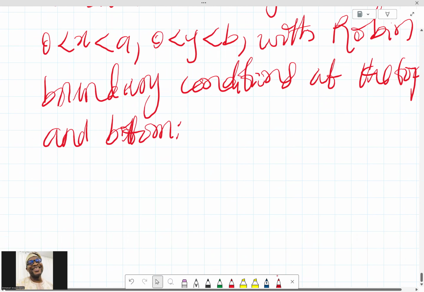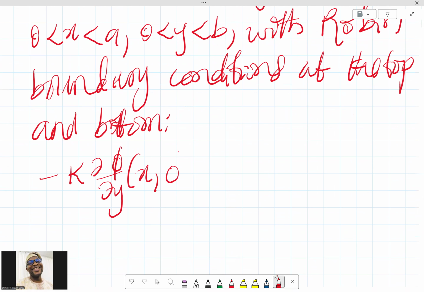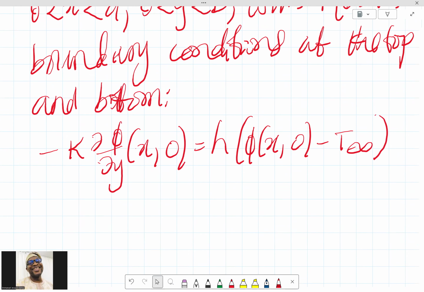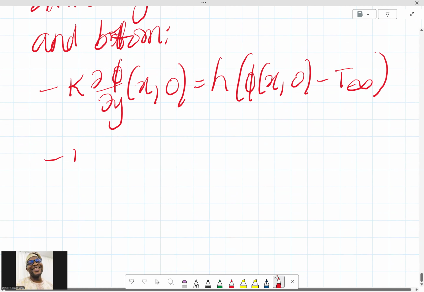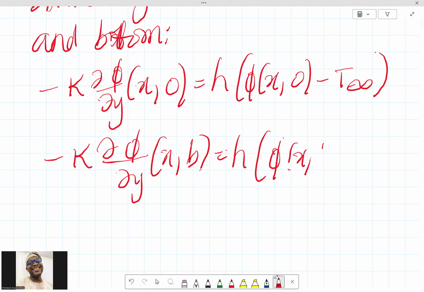So where we have minus k partial phi partial y of x comma 0 equals h into phi of x comma 0 minus T infinity. All right. And then we also have minus k partial phi partial y of x comma b equals h into phi of x comma b minus T infinity.